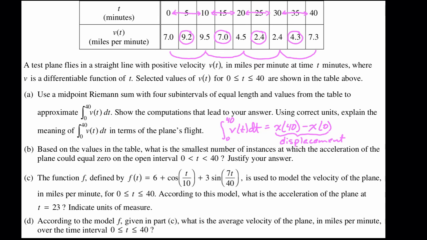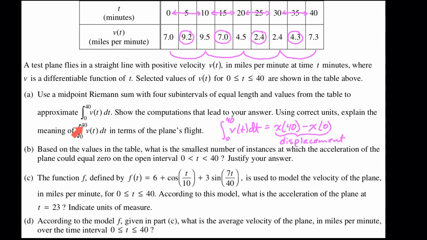All right, so this is the change in position in miles from t equals 0 minutes to t equals 40 minutes.